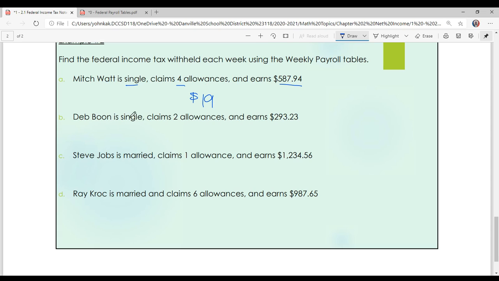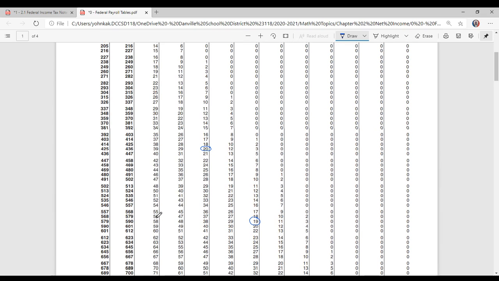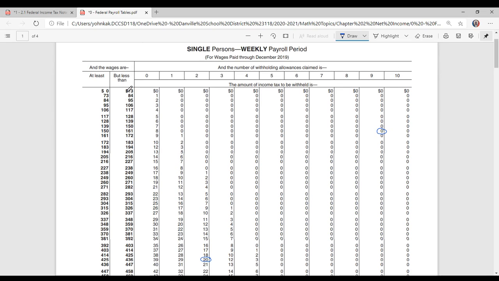All right, Deb Boone is single, claims 2 allowances, and earns $293.23. So single, 2, and $293. Notice this is an interesting situation. It says 293 is here and it's here. So be careful, read up at the top: at least and less than.